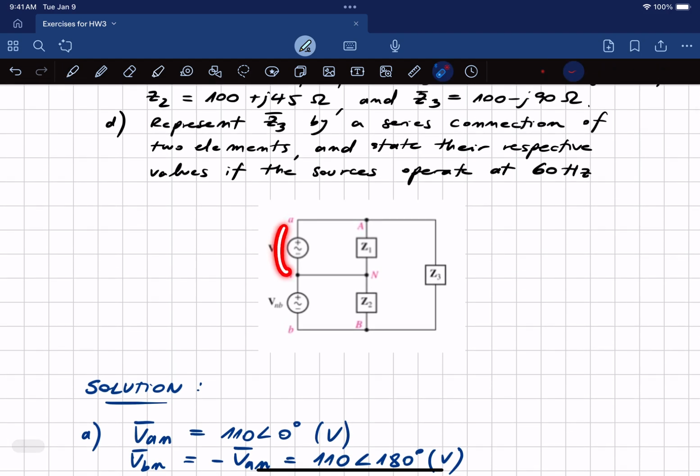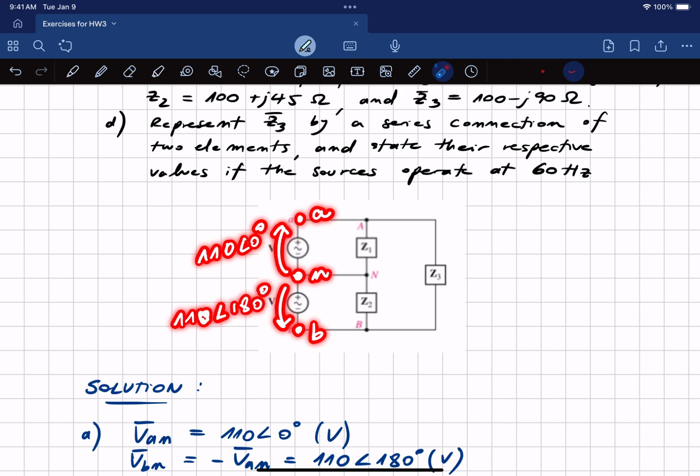So what does it mean? It means that this voltage is 110 angle 0, and this voltage VBN, this is B, this is N, this is A, is going to be 110 angle 180.